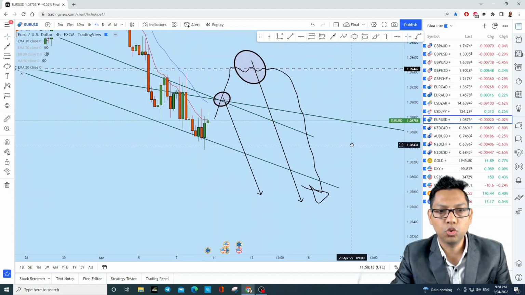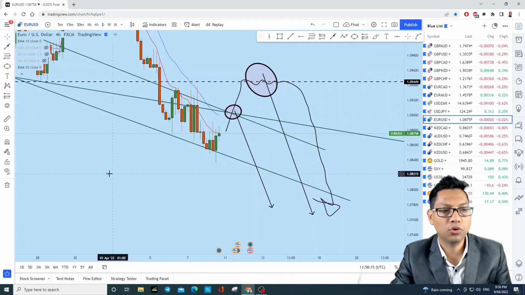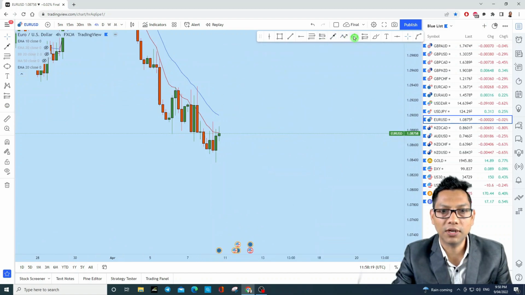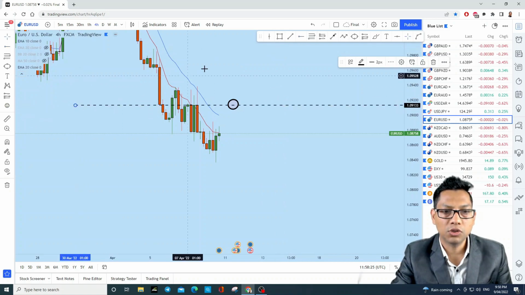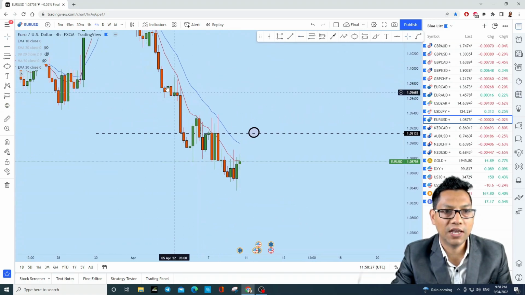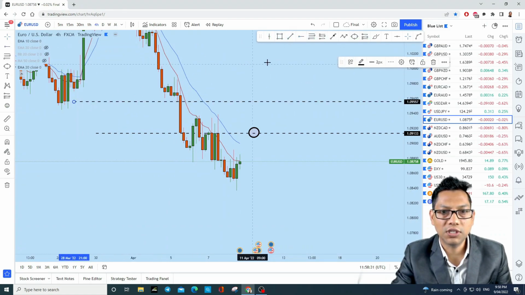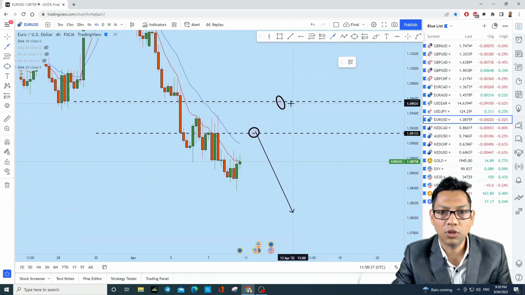In these two zones, I will be looking to trade Euro Dollar. Let me delete all of this so that you understand. One is here, so let me draw the level as well so that you know what to look for. This is one level, and another level is this one. These are the two possible levels that I will be looking at to trade Euro Dollar on the short side.